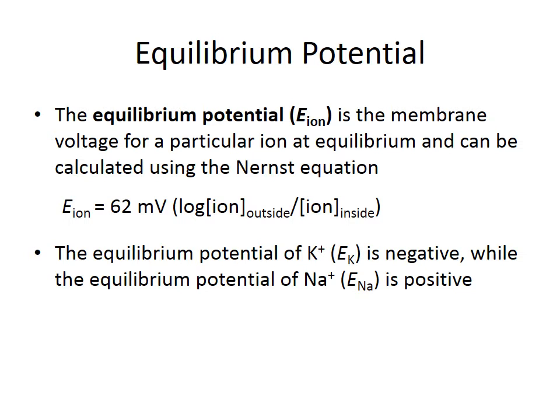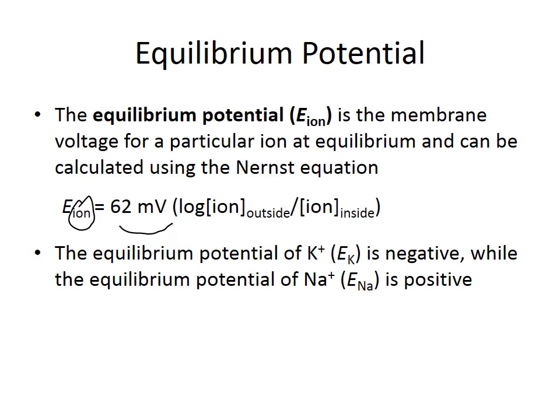This ion could be any ion, so this is a general equation, and it shows you the equilibrium potential. How do you calculate it? It's 62 millivolts times the log of the concentration of the ion outside divided by the concentration of the ion inside. And remember, the square brackets always denote concentration.